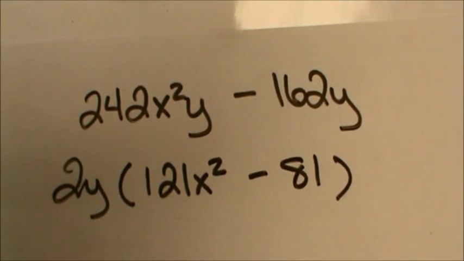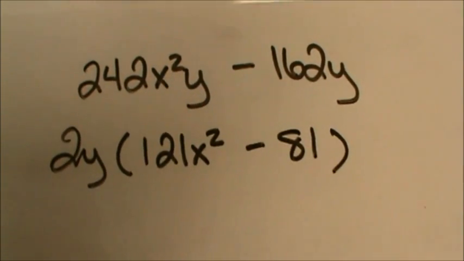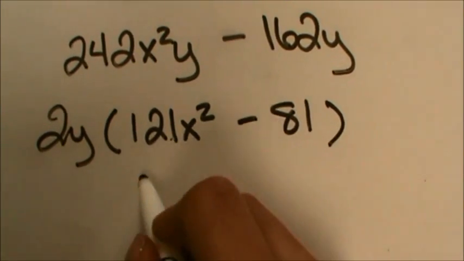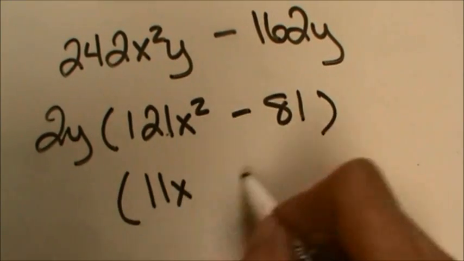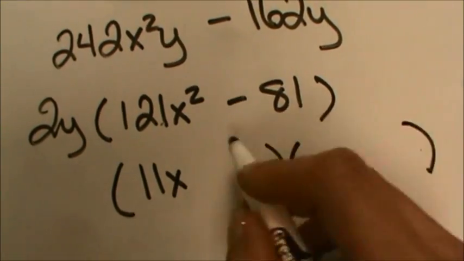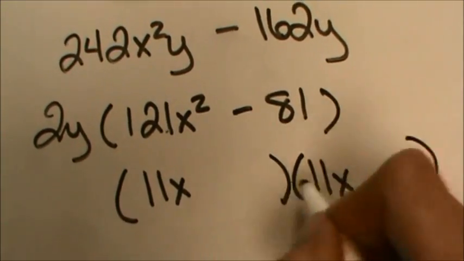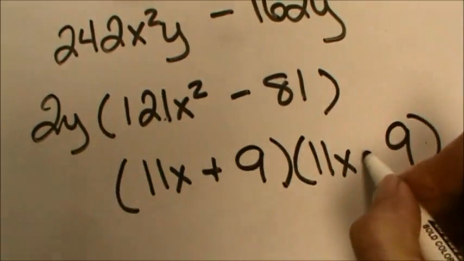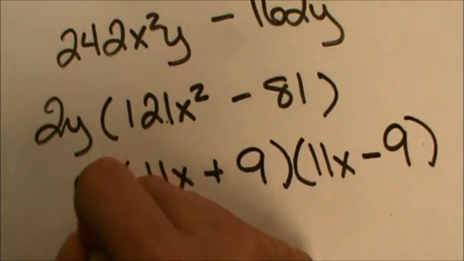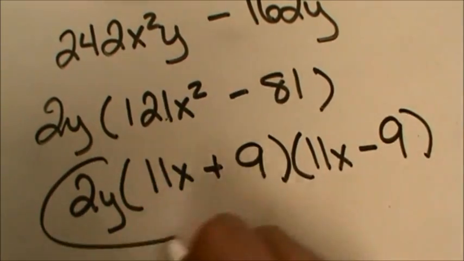If there are 2 terms, that's easy. It's the difference of squares rule. Is this a perfect square? Yes, it's 11x squared. Is this a perfect square? Yes, it is 9. So I put 11x and 11x, 9, 9, plus, minus, with the 2y in front.